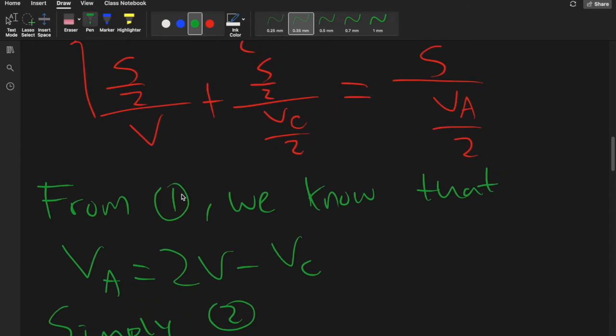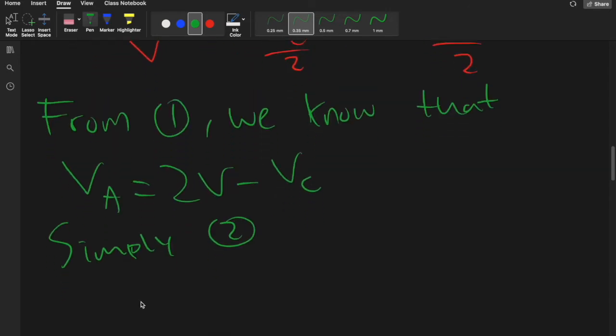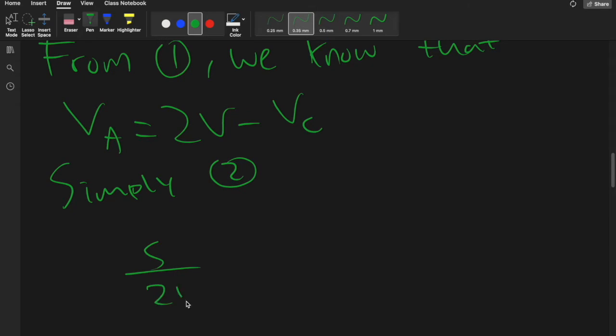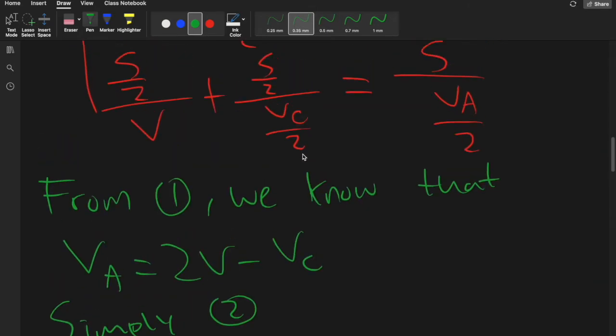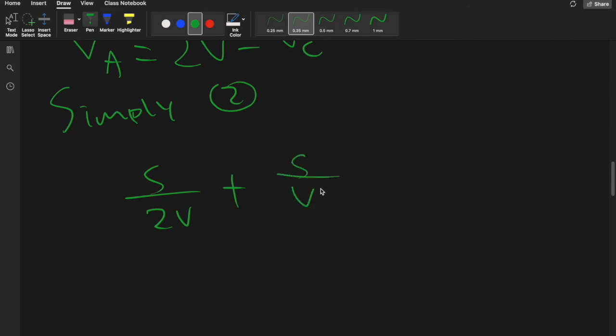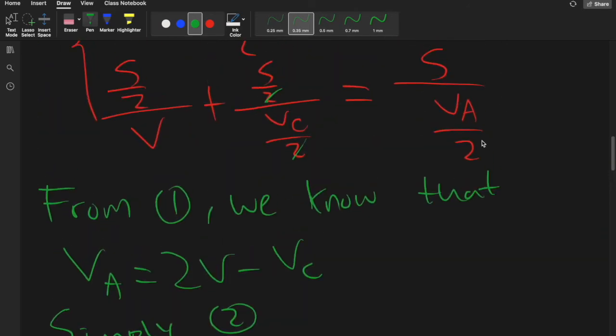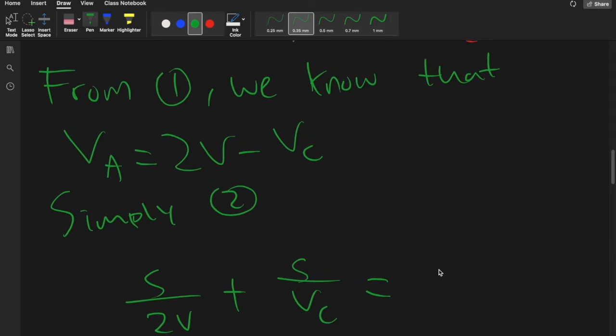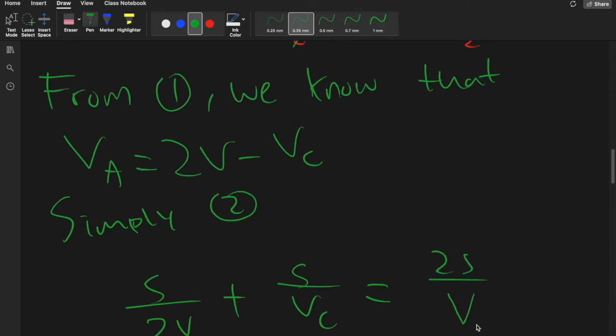So let's simplify equation 2 first. Here we can just divide it by 2. So S over VC is equal to 2S over VA, right?